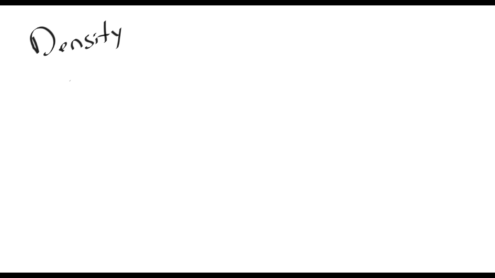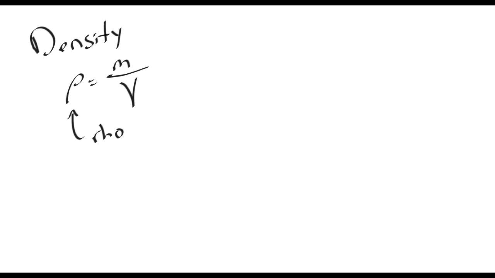Density, you may recall, is equal to mass over volume. This right here is the Greek letter rho. It's often used to represent density. For example, it's used to represent it in the textbook. So I'm going to go ahead and use it for this discussion of density.